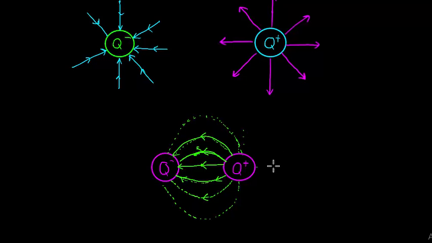So for example, at this point, it's just being repelled because there's no attractive Q. At this point, it's only being attracted, so it's going towards here. These ones do this, that one does this. Okay, I hope you can see my directional lines.